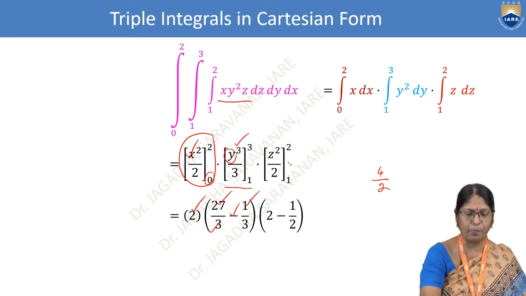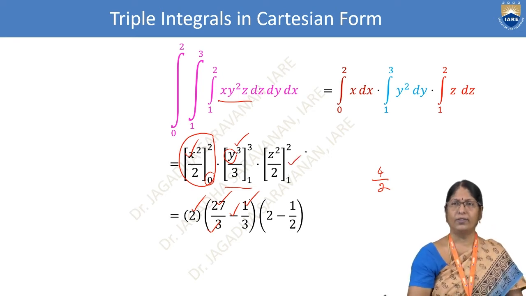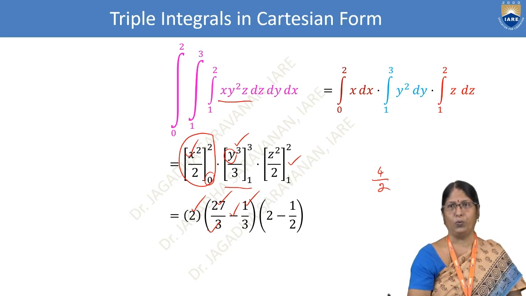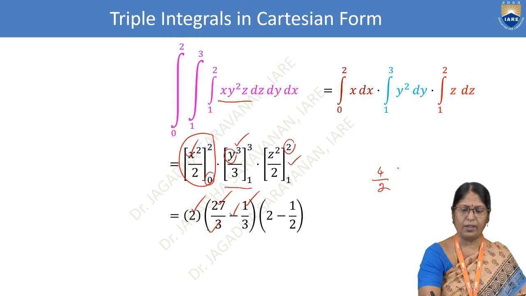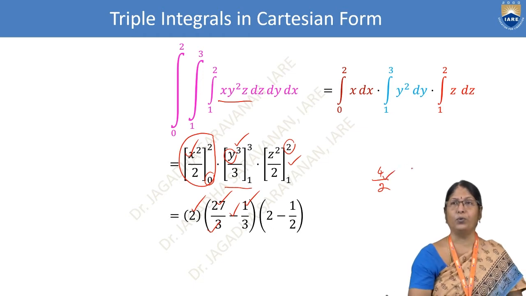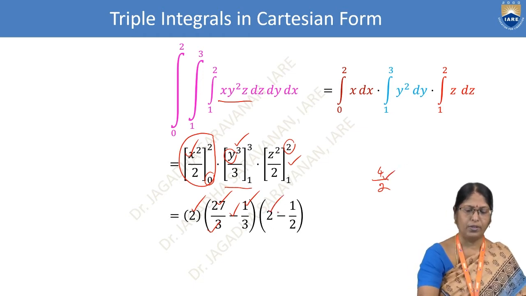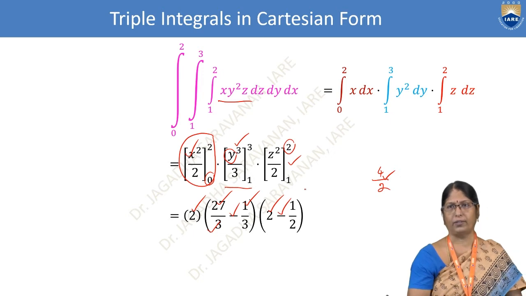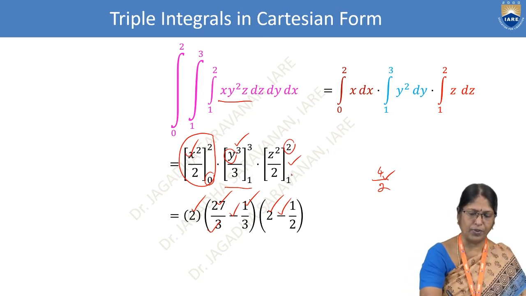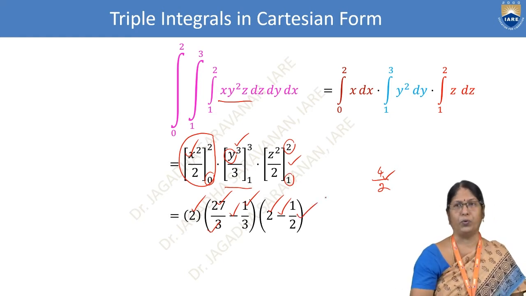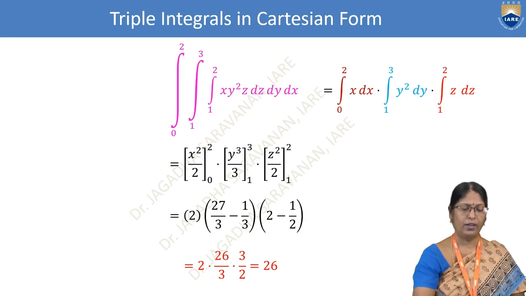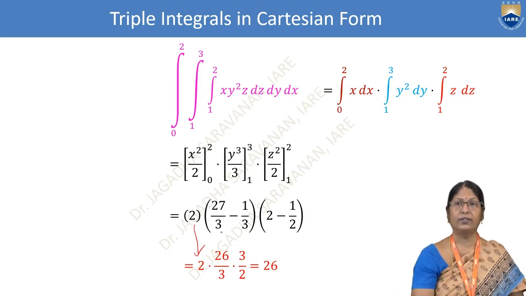So the remaining part is z square by 2. The upper one is 2, substituting the same, 4 by 2, we got 2. This is minus for the limits. In the z place we are substituting the lower limit 1 by 2. So the 2 is written as it is.